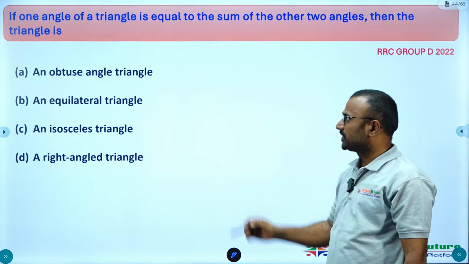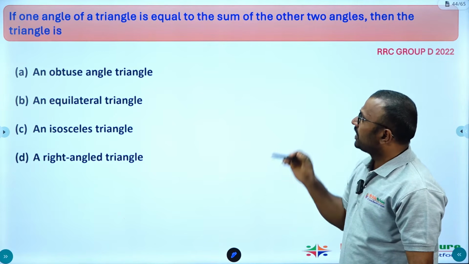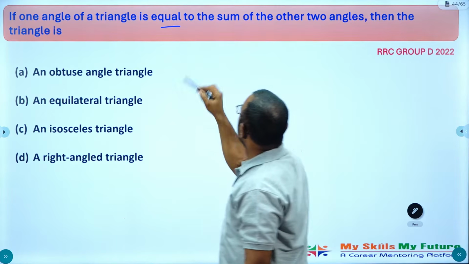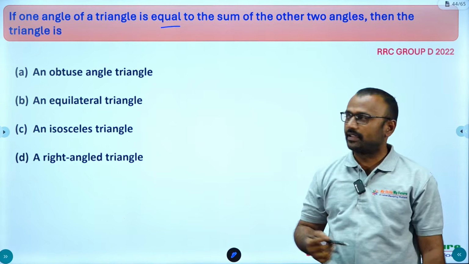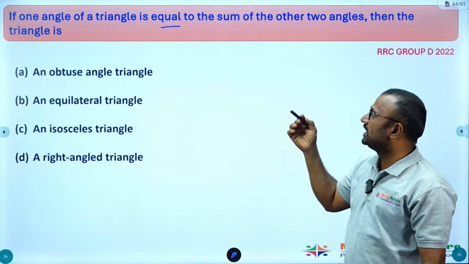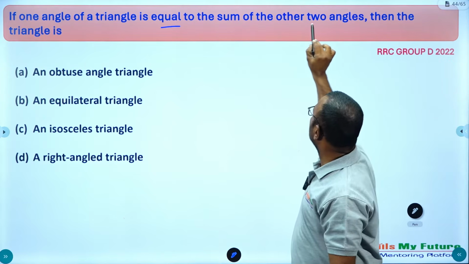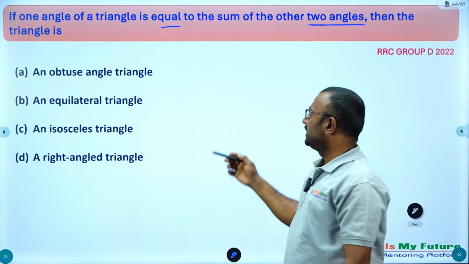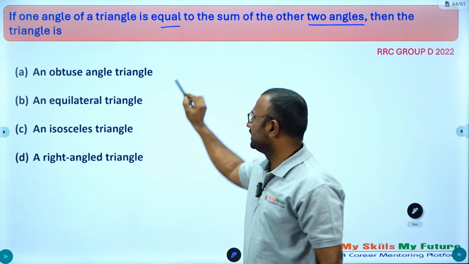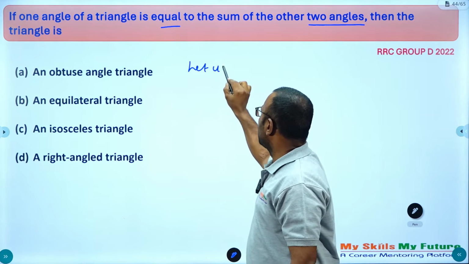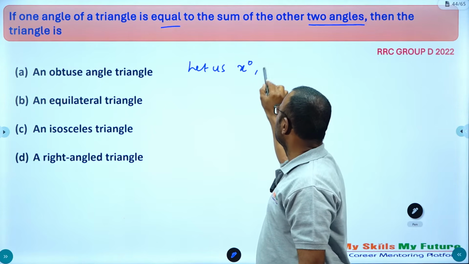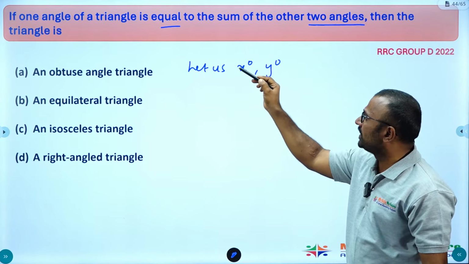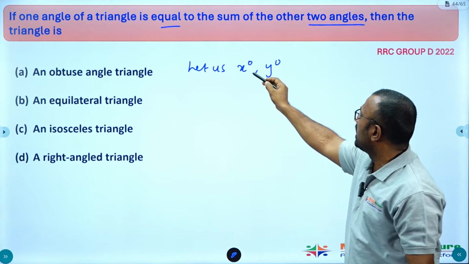And the next question. If one angle of a triangle is equal to the sum of the other two angles, then the triangle is what? Let us take the angles as x degrees and y degrees for two angles. They have given that one angle of a triangle is equal to the sum of the other two angles.